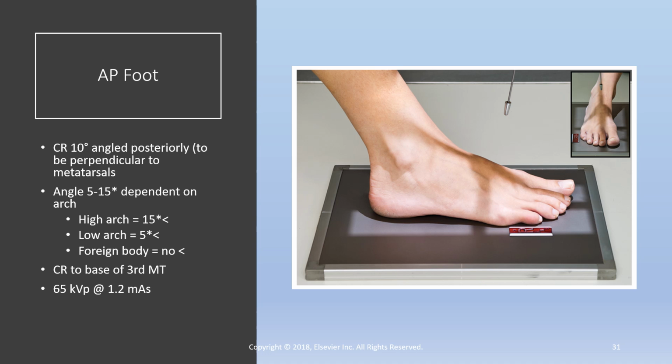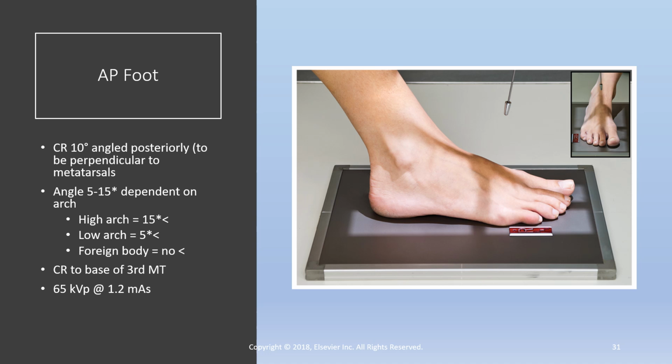The technique on the foot, I bet you could guess, is just like it is on a hand. So it's 65 kVp at 1.2 mAs. So again, anatomy, positions and techniques are extremely similar to upper extremity.